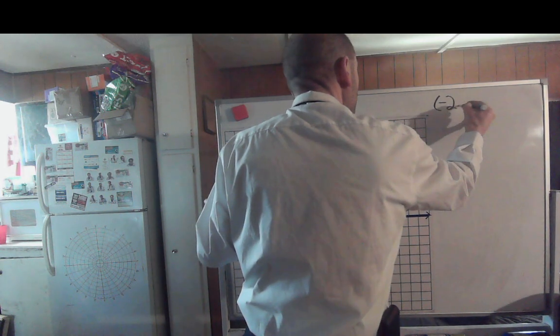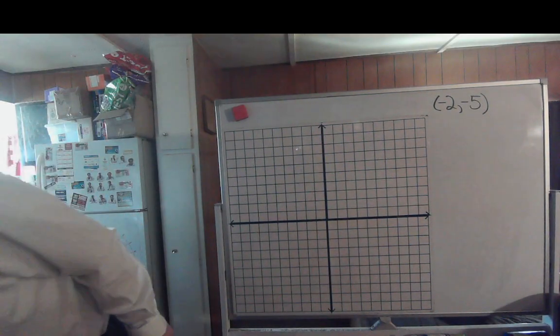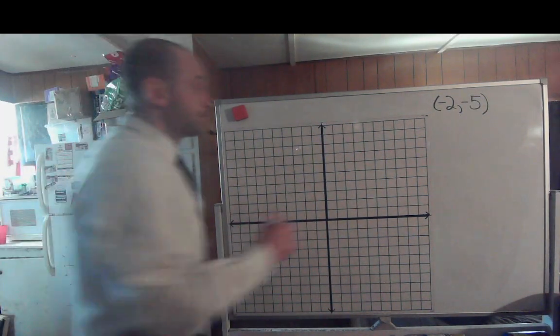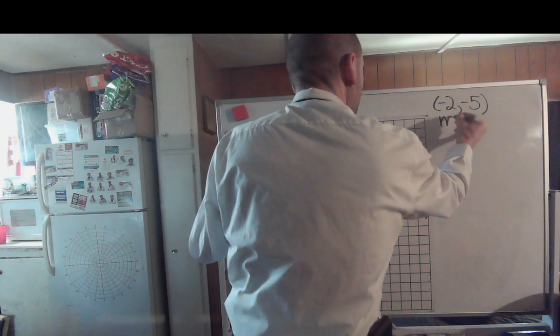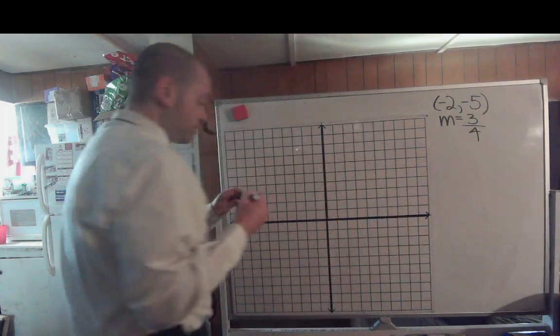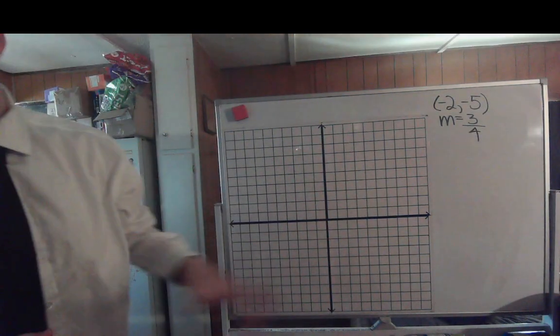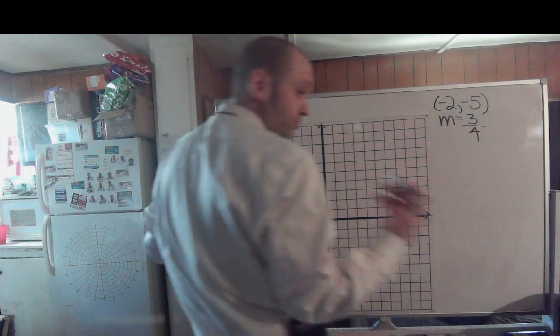Alright, we go through the point (-2, -5), where the slope is 3/4. So use your point-slope form.